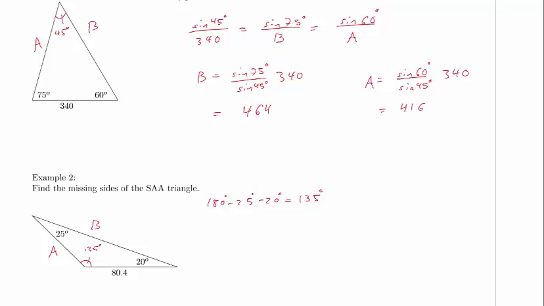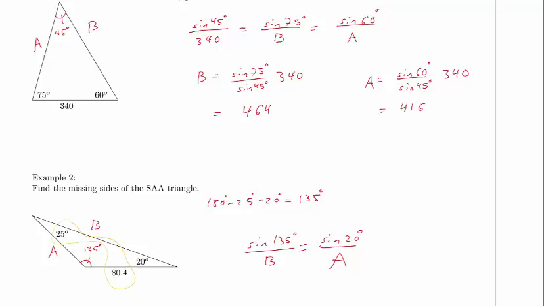And then we set up our law of sines. We have that guy there, and so we have sine of 135 divided by b equals sine of 20 degrees over a, and we are including the 25 degree guy here.